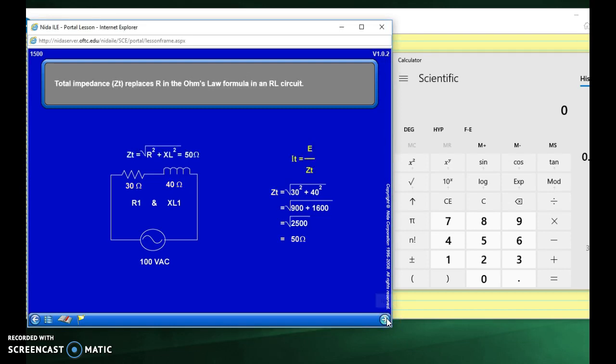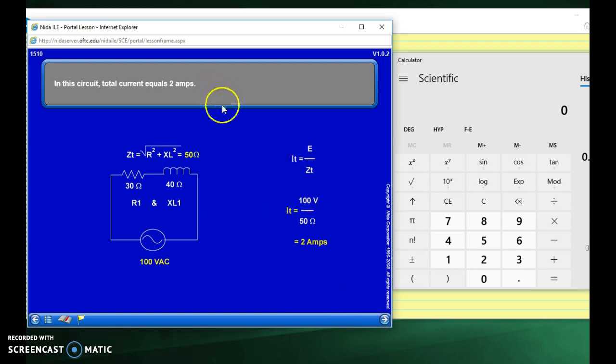So now, if we want to calculate current, I total is equal to E over ZT. So once we calculate that overall impedance, we can get that overall current.